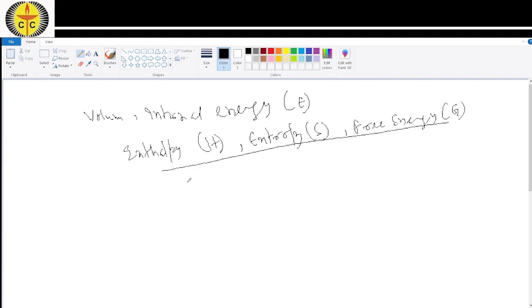For example, heat and work. They are not state functions, because the change in their value doesn't depend only upon the initial and final value, but depends upon other factors also.